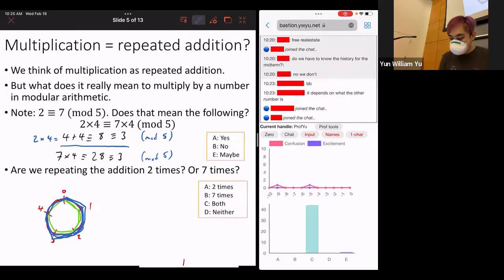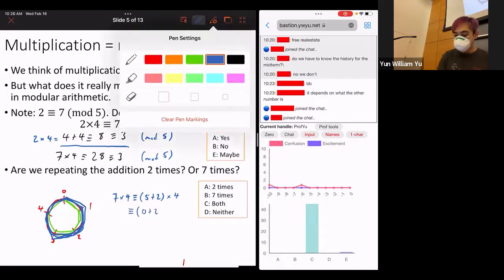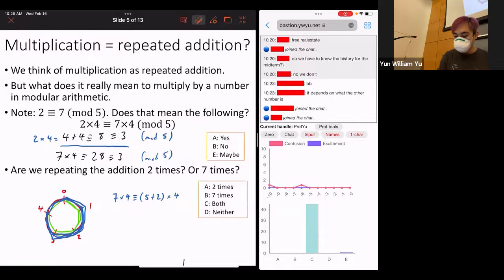7 times 4, what is that equivalent to? You might notice that it's equivalent to 5 plus 2 times 4. Actually, let me do it out the other way first.